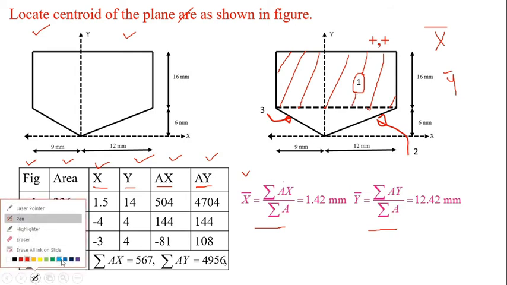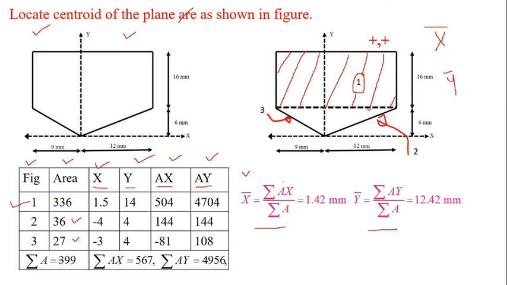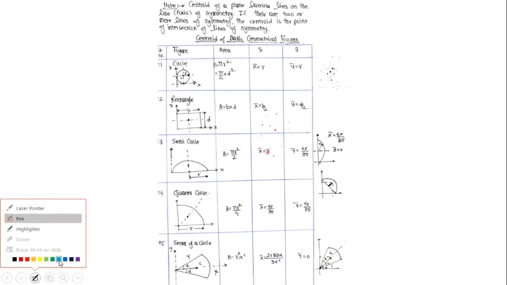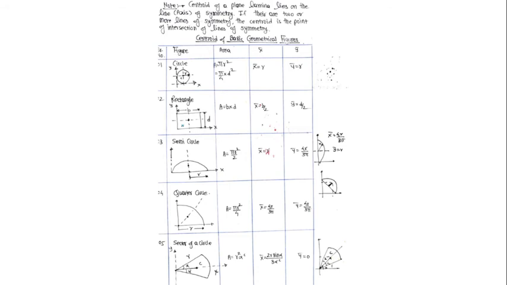Figure number 1 is a basic geometrical figure, and we know this basic geometrical figure, that is rectangle, its position of centroid, we know x bar and y bar from the table. See, this is the table, and that is why I ask you to draw this table or to write this table in your notebook.